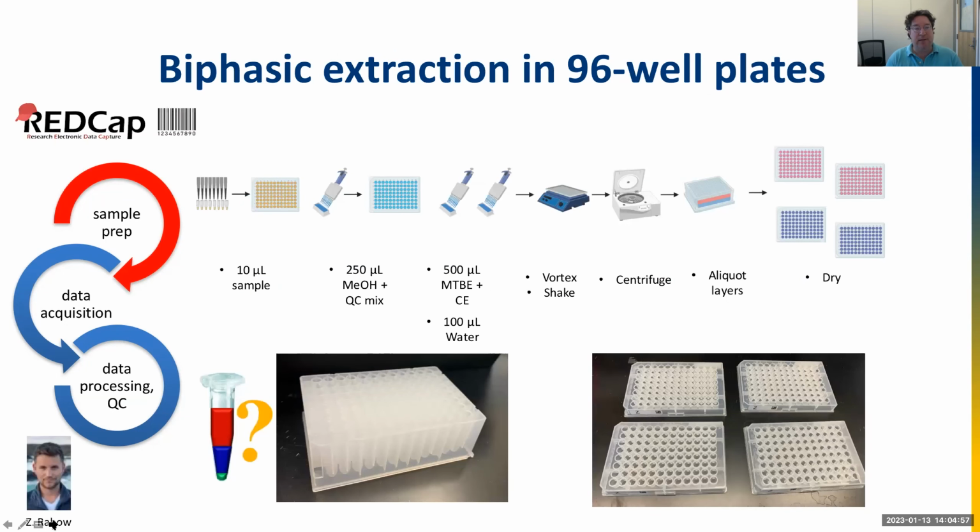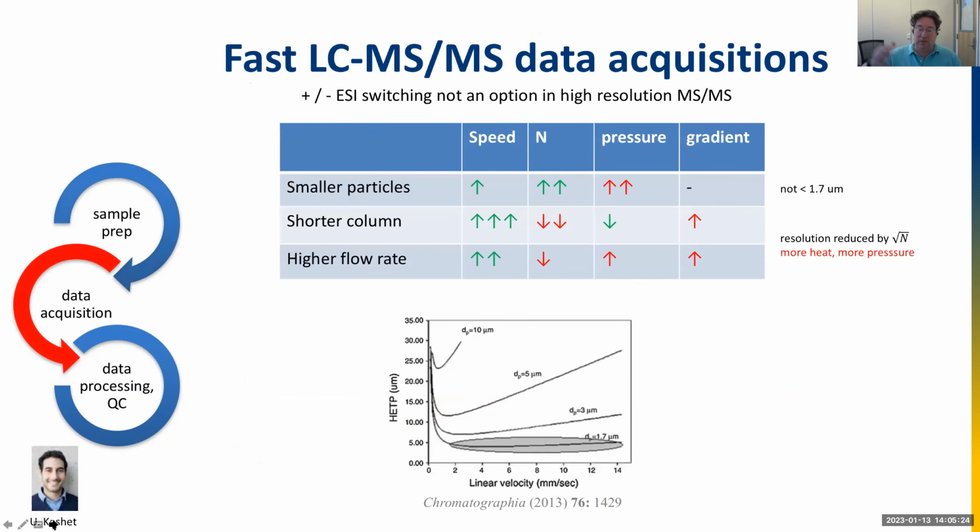The biphasic extraction that we have used for many, many years that separates lipophilic compounds from hydrophilic compounds has been improved using multi-pipettes, multi-centrifuges, and then these aliquot layers can be separated into lipophilic and hydrophilic fractions using guided plates that allow us to put these at the right spot.